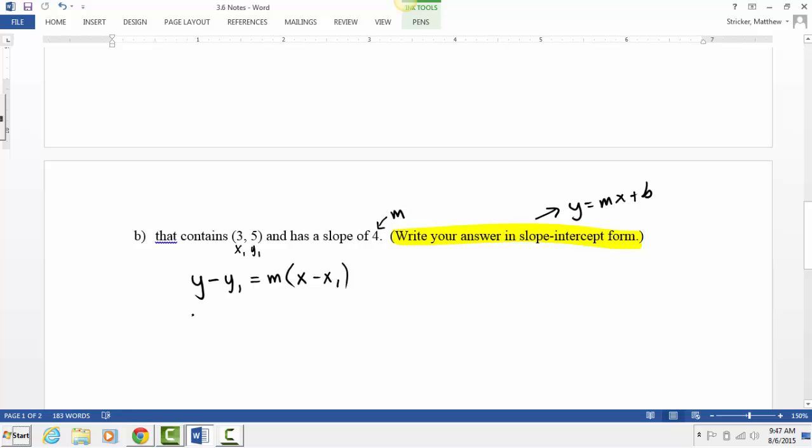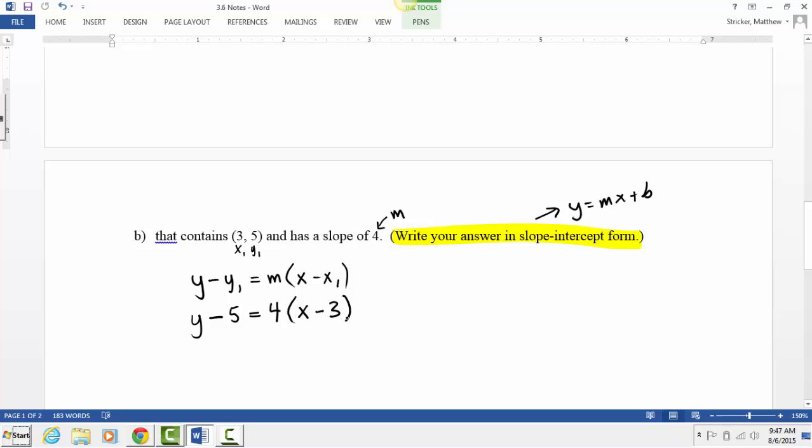We're always going to leave the y part first, but we have a y1. That's the y coordinate of our point, which in this case is 5. So we have y minus 5 equals our slope m, which in this case is 4, parentheses, leave the x, but our x1 is 3, so it's x minus 3.